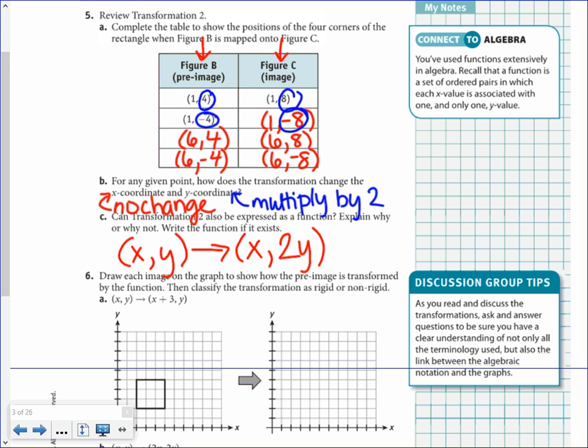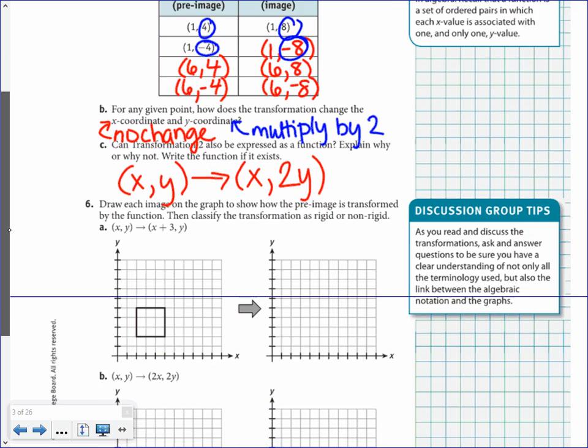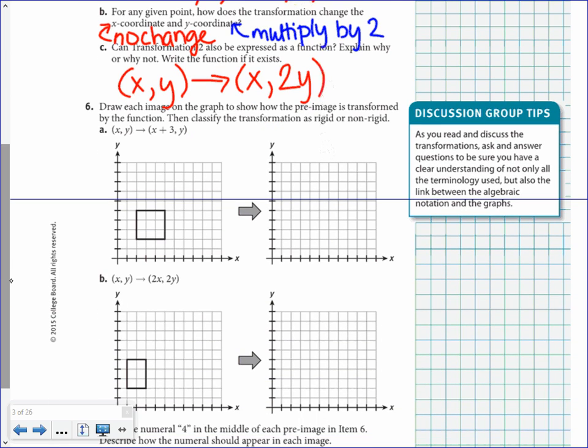So now we're going to look at number 6. They give us the function, and then we are supposed to graph the image. They gave us the pre-image function. So this mapping says that we're going to take the point x, y, and it's going to get mapped to the point x plus 3, comma, y.